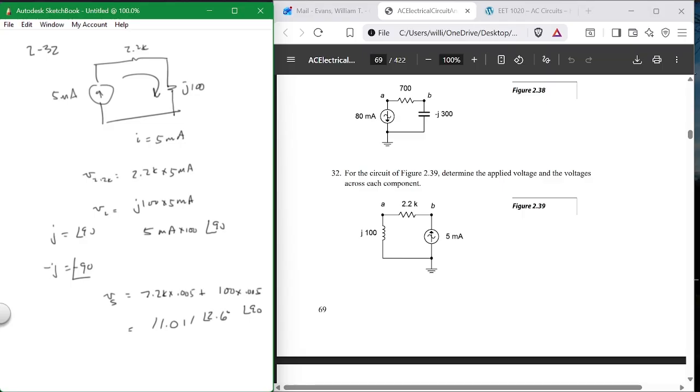Pretty straightforward, isn't it? You can do that with this calculator very, very quickly. Any questions, any comments? You got it, right?